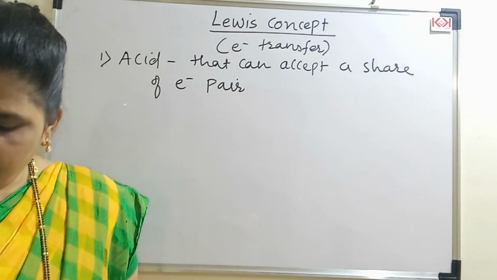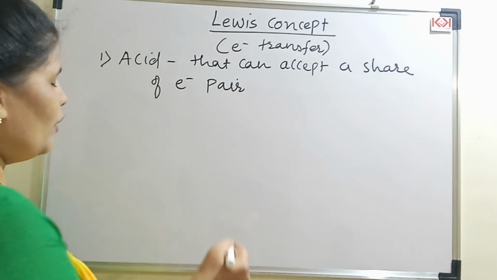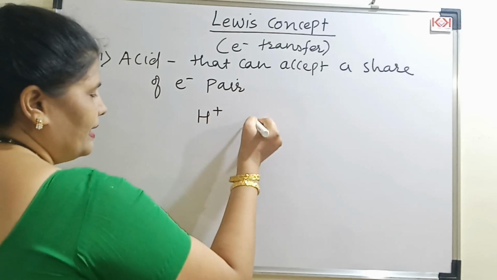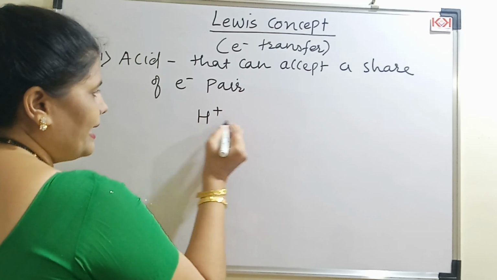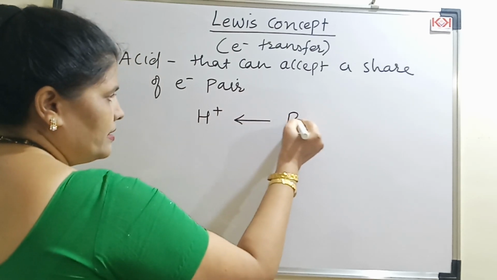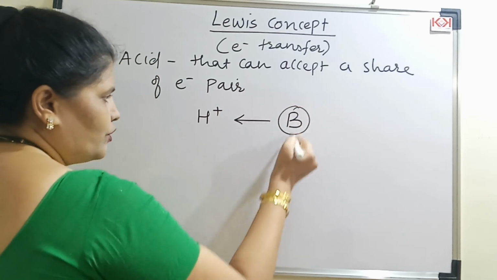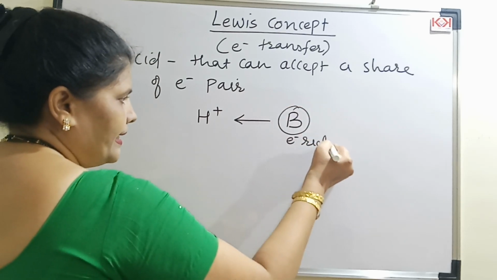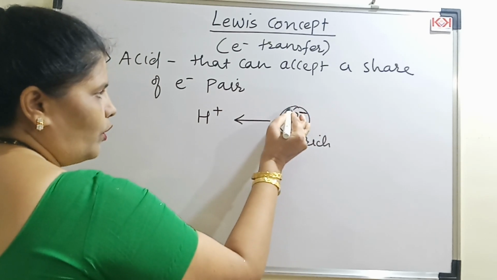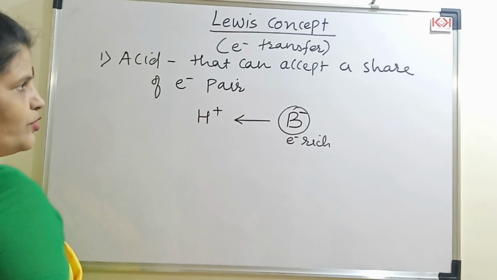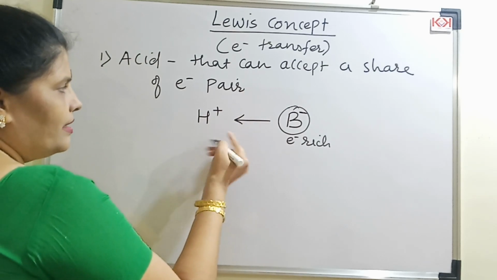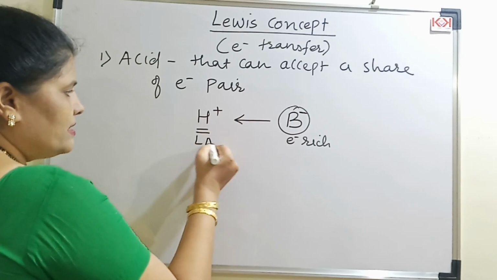What it means is, say for example, I have a species like H+ which is electron deficient. It can accept, meaning the bond will be in this way, from any species, say B, which is electron rich. When I say it is electron rich, there must be a negative charge or a lone pair on it. So when a substance accepts this share of the electron pair, I will call it a Lewis acid.